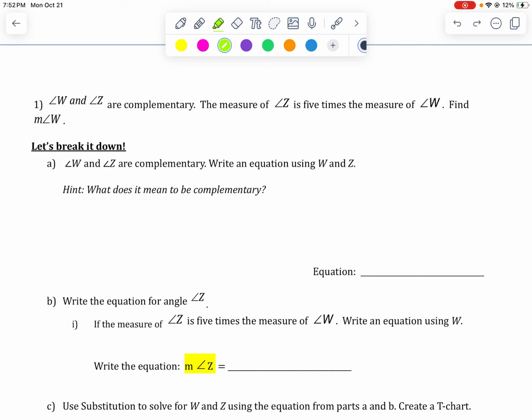Okay, now this is a word problem, right? However, we can go ahead and dissect it. We know that it's complementary, so that means we are going to add to 90 degrees.